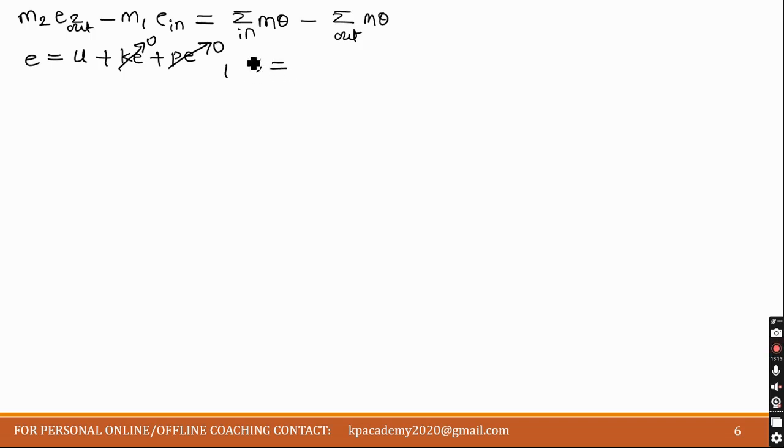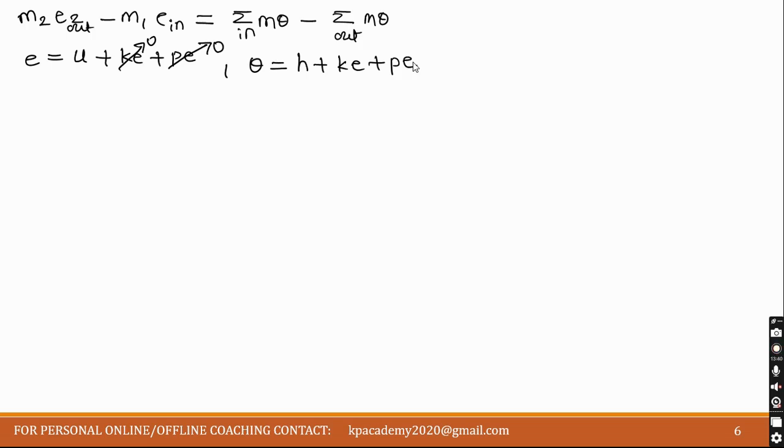Now what is theta? Theta is for flowing fluid, whatever is entering the tank and whatever is going out, that is for the flowing fluid, right? So for that we have theta, right? So what is that? H plus kinetic energy and again potential energy. So H is the enthalpy of that flowing fluid, kinetic energy of that flowing fluid and potential energy of that flowing fluid.